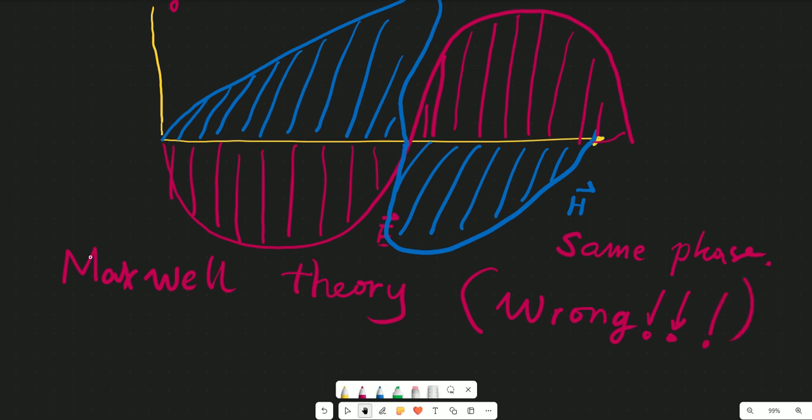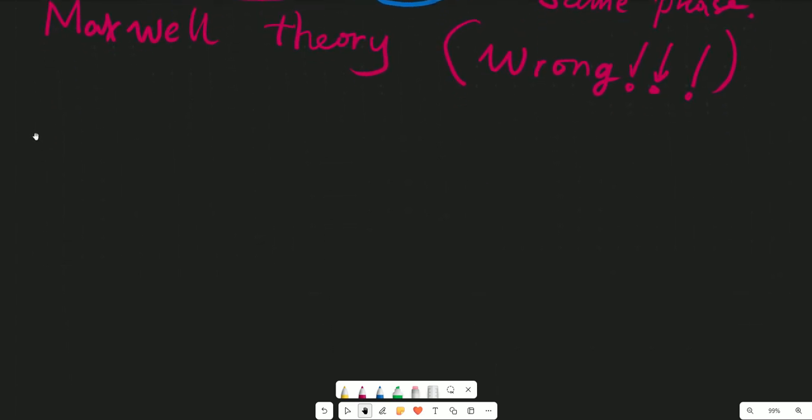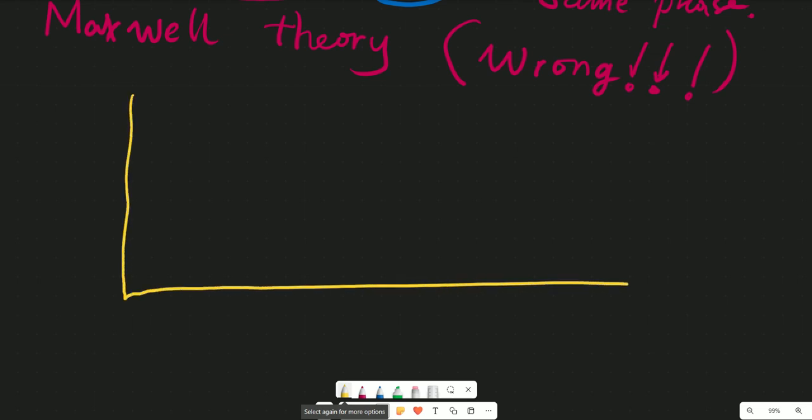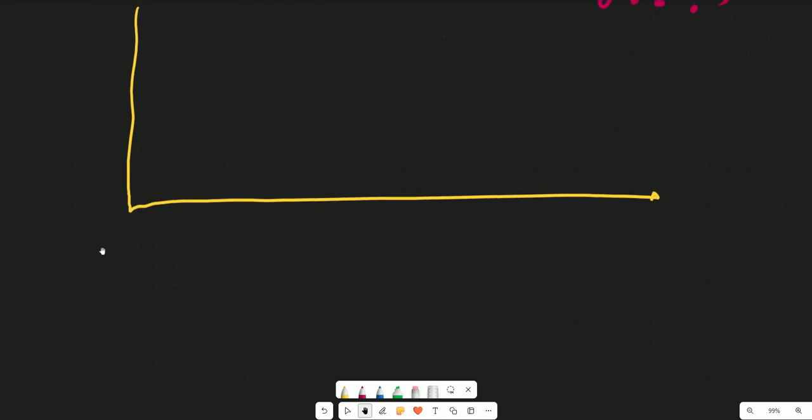The real situation, according to my theory, this is the magnetic field.